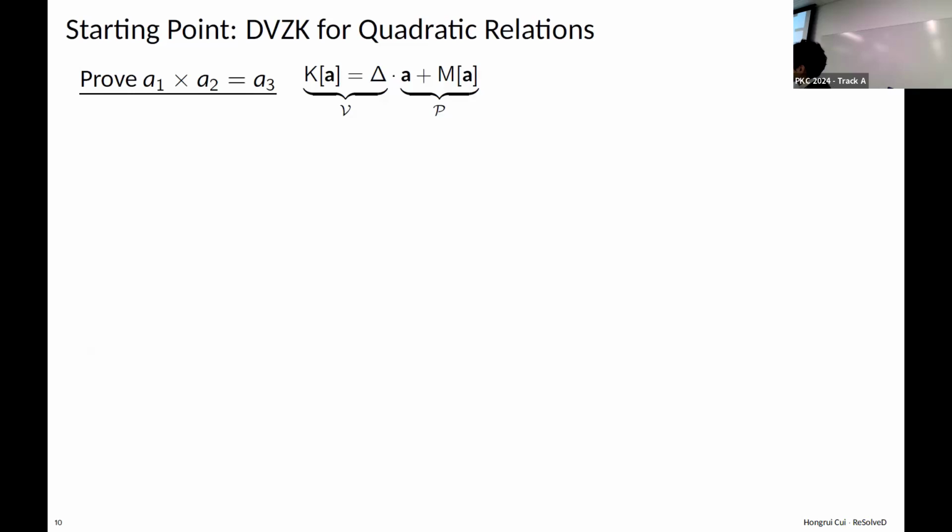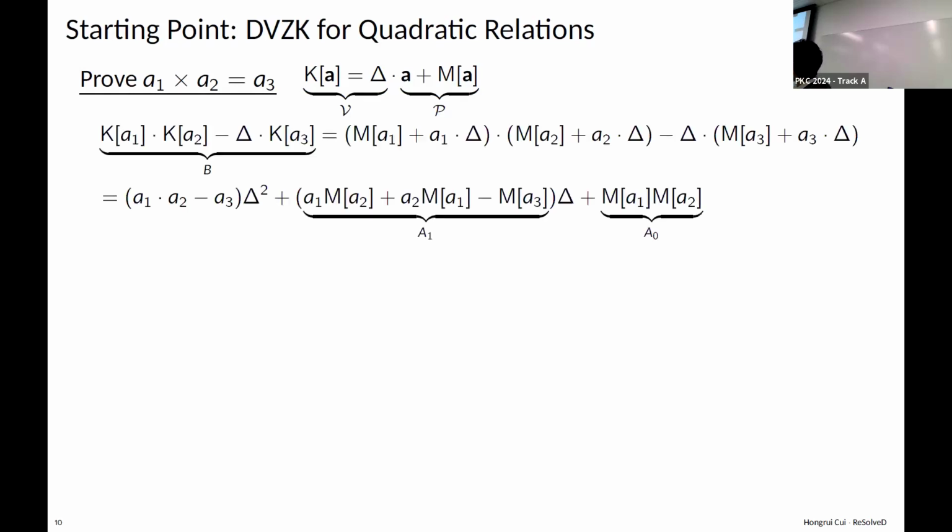In this slide, I want to show that with the input being authenticated, it is extremely easy to construct a proof. Suppose we want to prove this quadratic correlation, and A1, A2, A3 have already been authenticated.